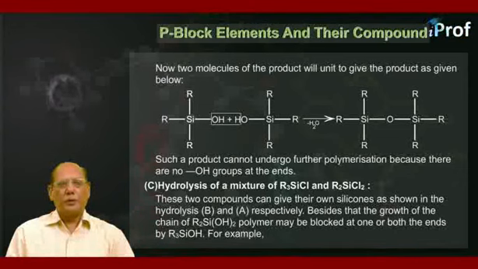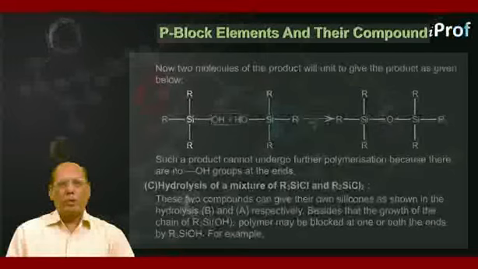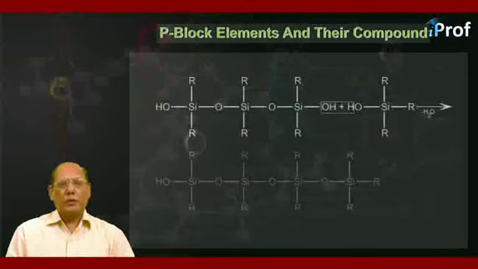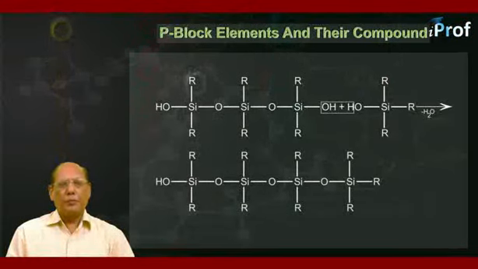Besides that, the growth of the chain of R2Si(OH)2 polymer may be blocked at one or both the ends by R3SiOH. For example, the reaction given below gives a bigger polymer, one end of that is still occupied by OH.